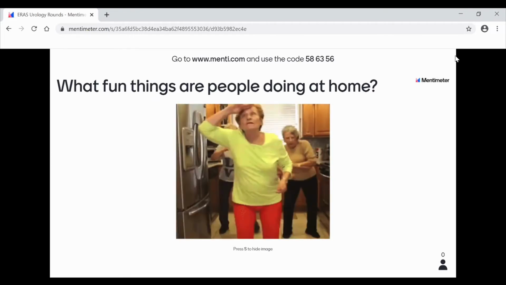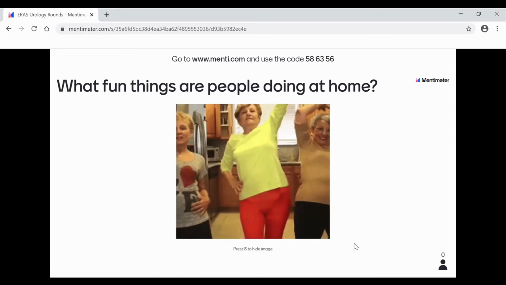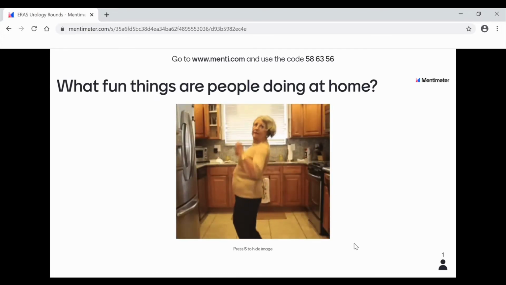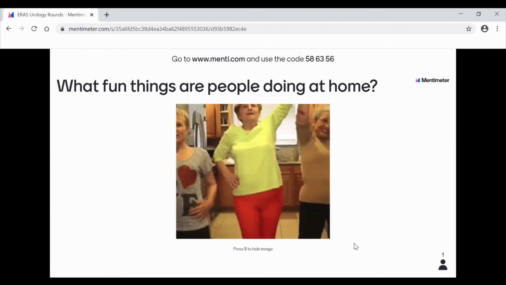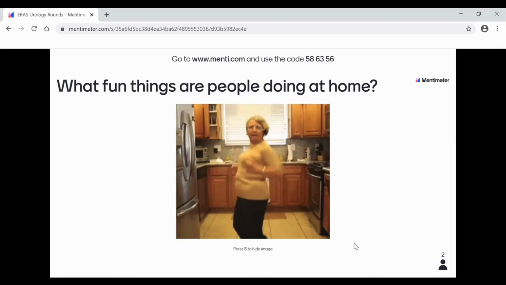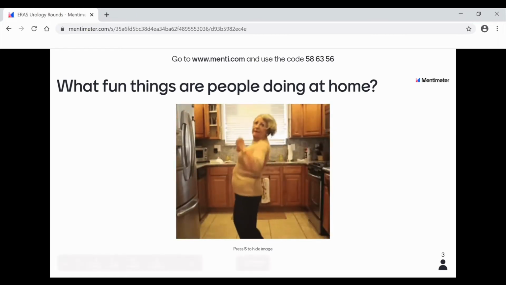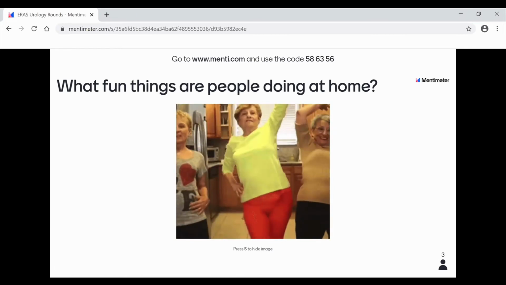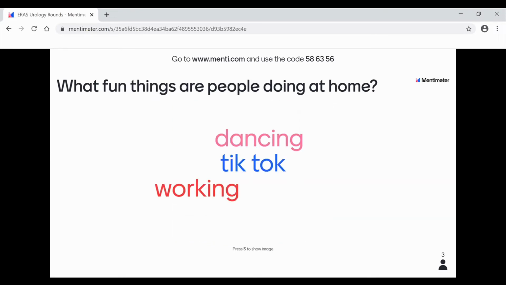It's a word cloud, so if you can type in, we can start to see what people are doing to entertain themselves. I think you've got to give us a moment. Excellent.